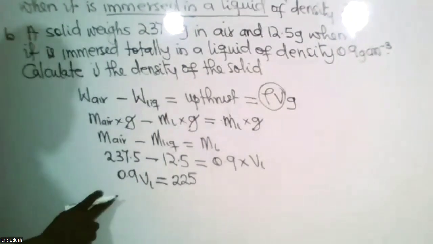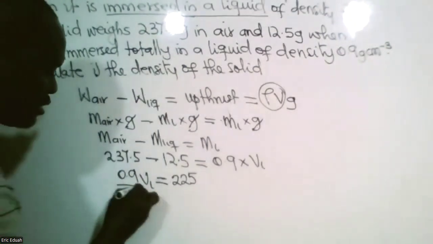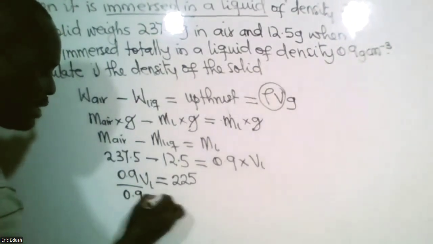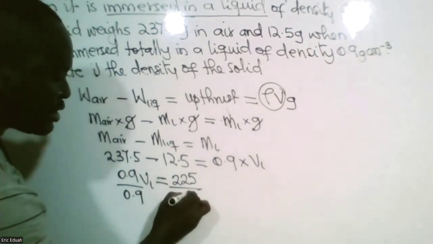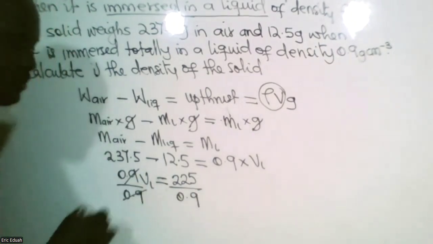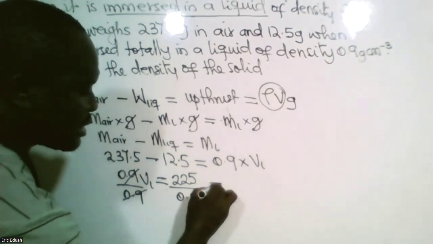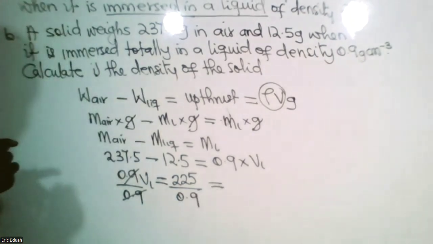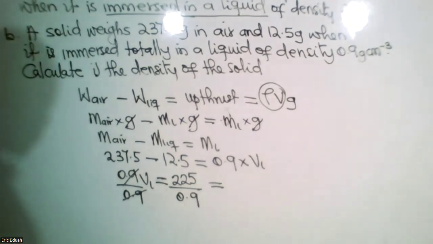So let's find the volume of the liquid displaced. 0.9, and this is 225 divided by 0.9. 250.